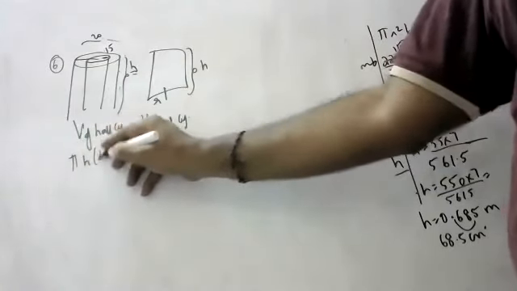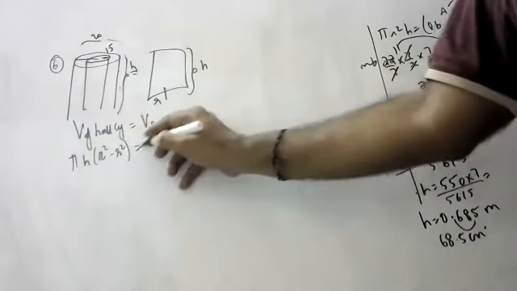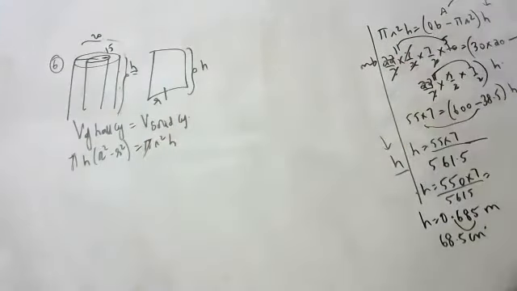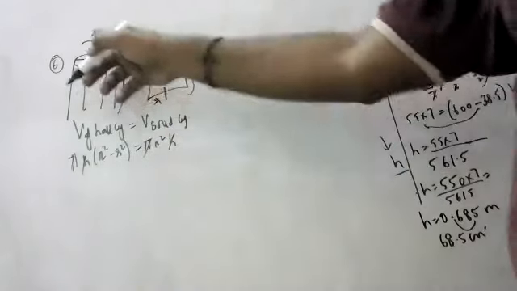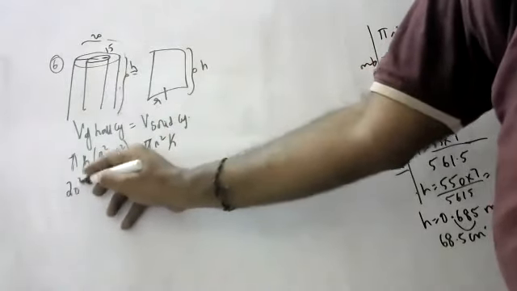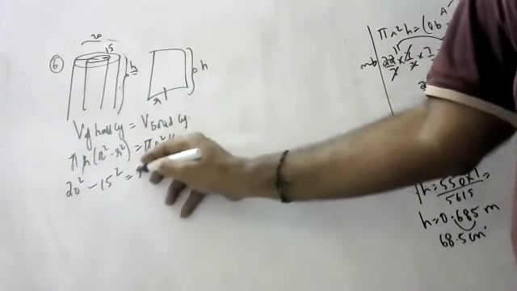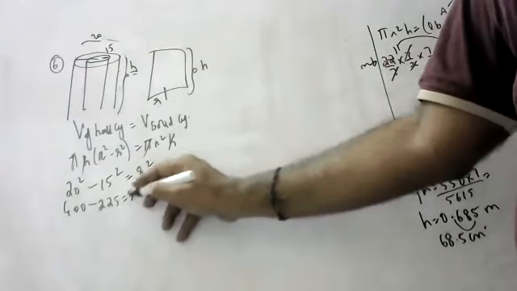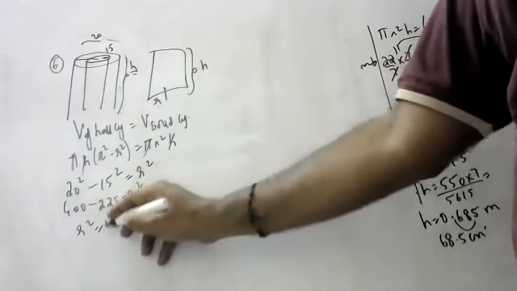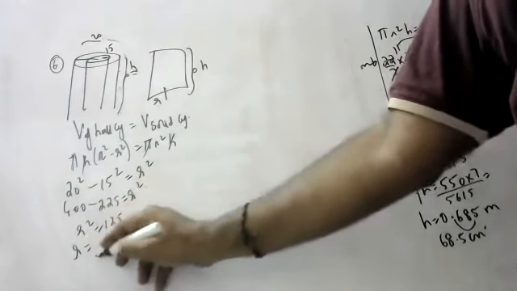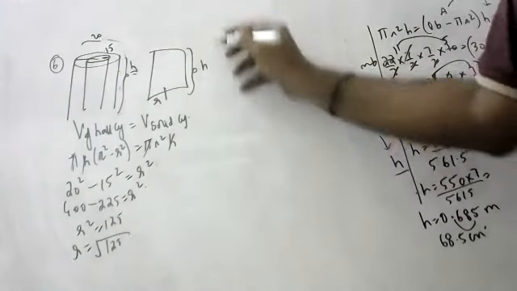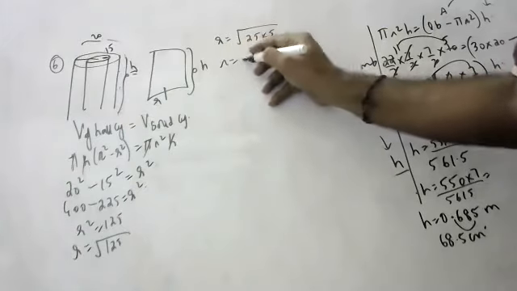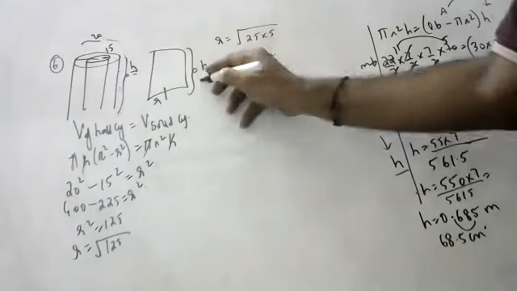So pi h into big R square minus small r square is equal to pi r square h. Pi cancel, h cancel, sir. H is same. R square, 20 square minus 15 square is equal to r square, sir. 400 minus 225 is equal to r square, so r square is equal to 125. R is equal to root of 125, root of 25 into 5, 5 root 5 centimeters.